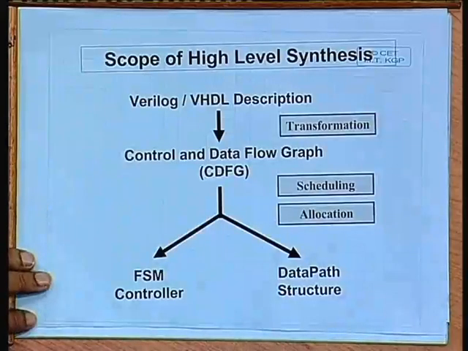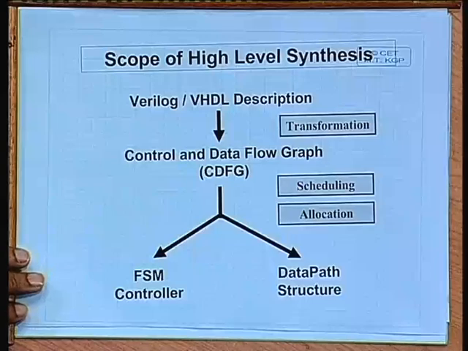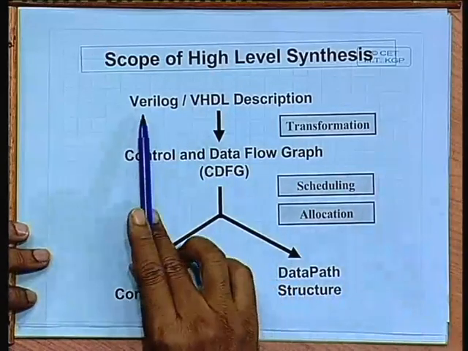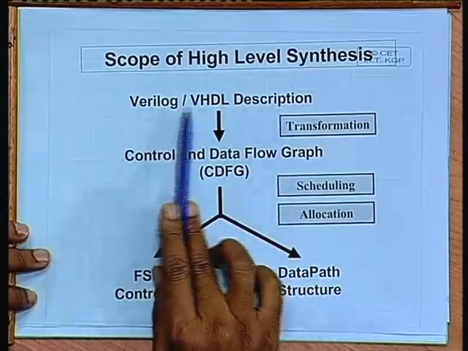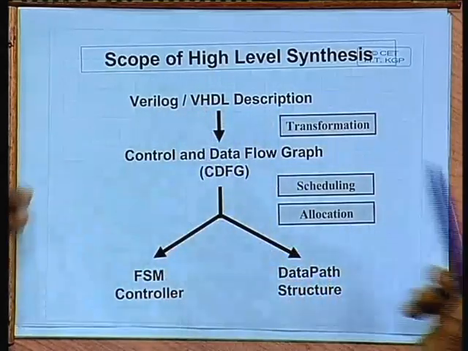Let us very briefly try to understand the scope of high level synthesis. From this diagram you can see that we start with a behavioral specification in a hardware description language, Verilog, VHDL or any other language.